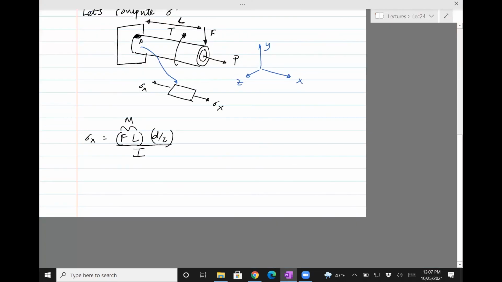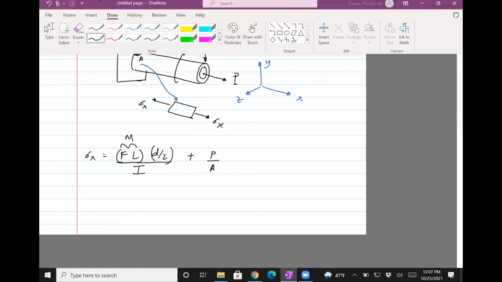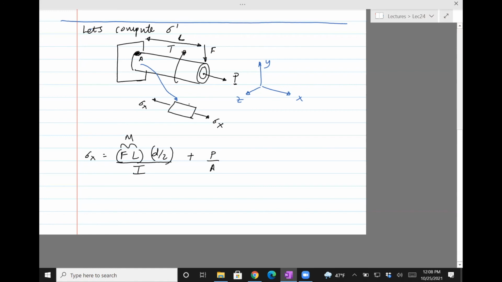There will be another contribution. The force P will also contribute to the stress. That force P is an axial force, so P divided by A is going to be the axial stress, and this is again in the same direction as sigma x. And so we know that sigma x is that, sigma z is 0.